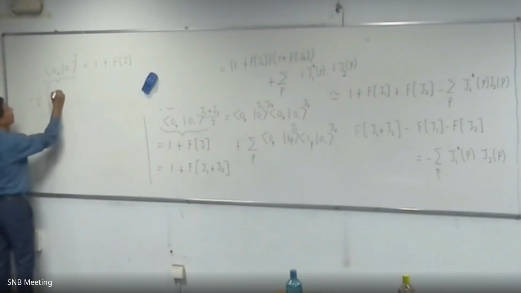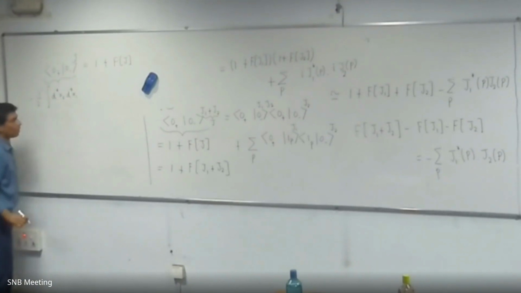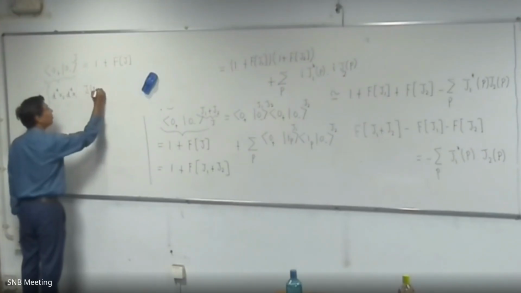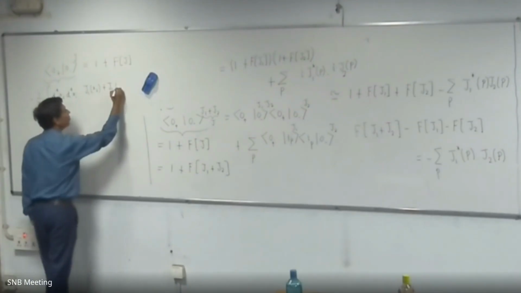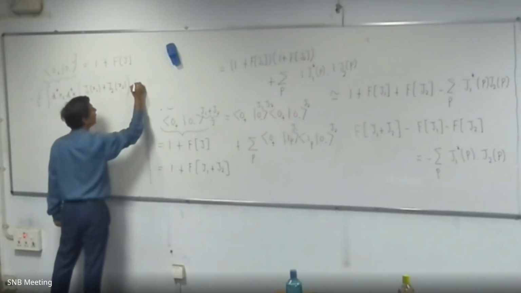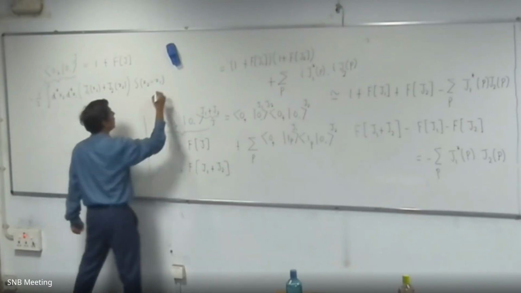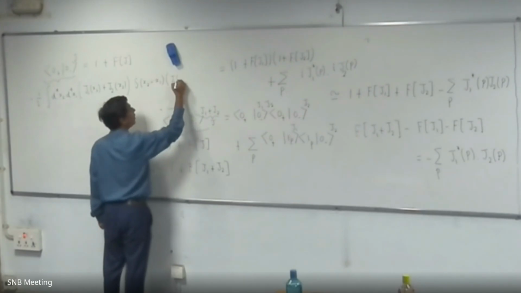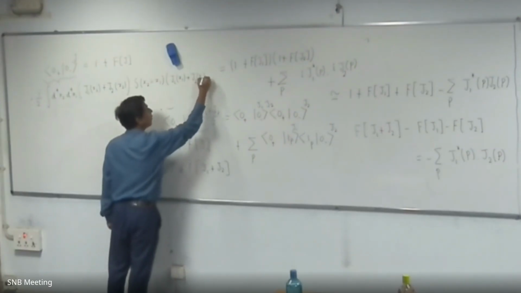This is d4 x2 d4 x1. Then it is J1 x2 plus J2 x2, S x2 minus x1, and then J1 x1 plus J2 x1.